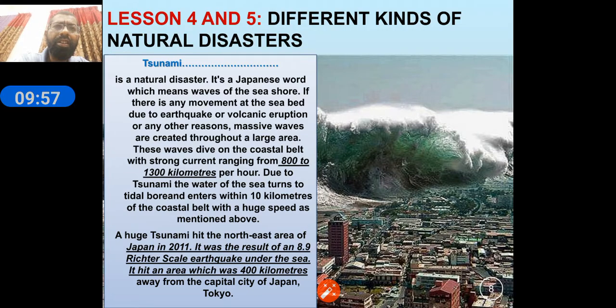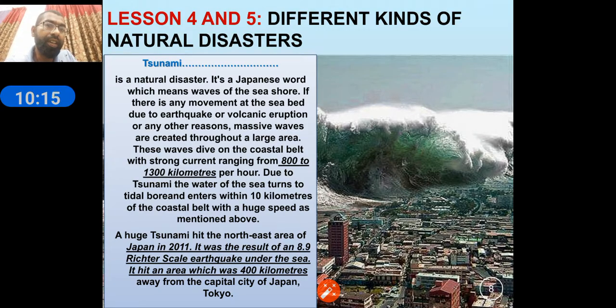The tsunami of Japan in 2011 is very memorable throughout the world, because it caused very dangerous havoc in their country, their economy and environment.